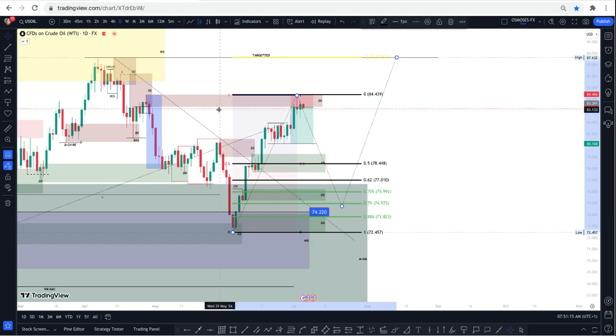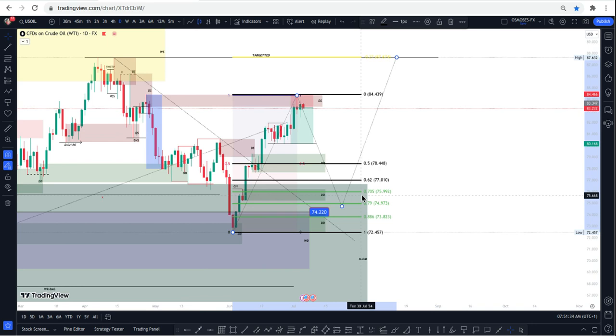Now with this, we need to be careful as to which one is the best. That's why we have the equilibrium, the premium zone, the discount zone, and also the OTE zone, the most interesting zone to buy or to sell from.